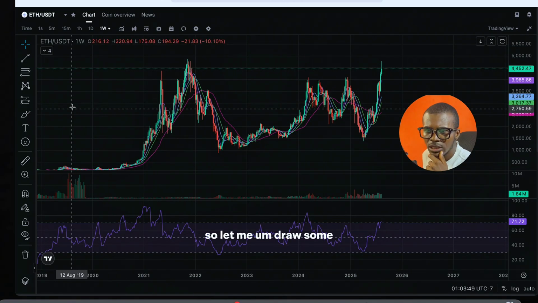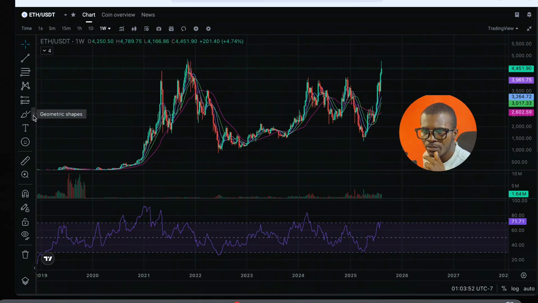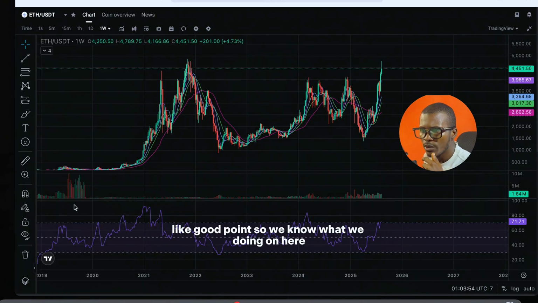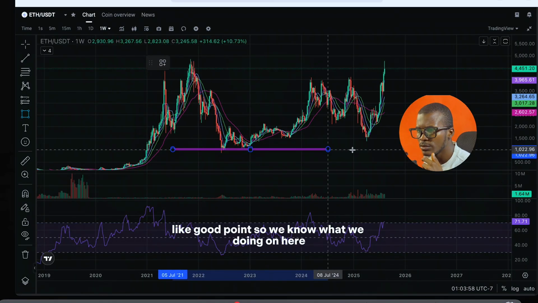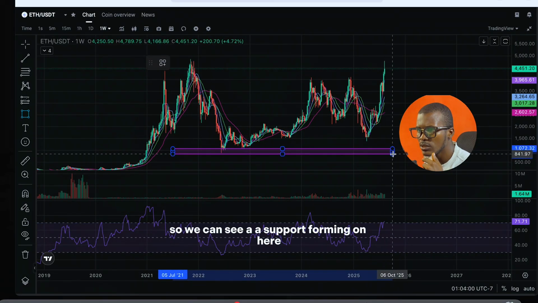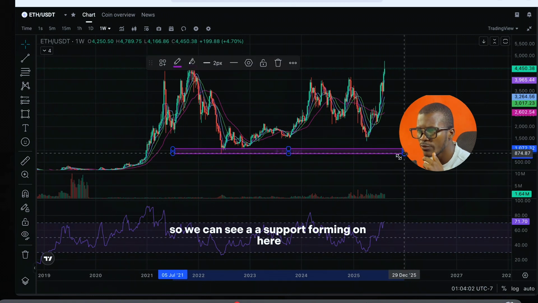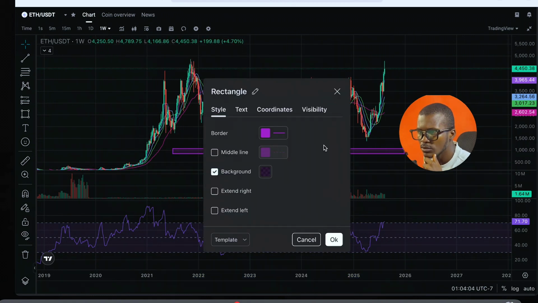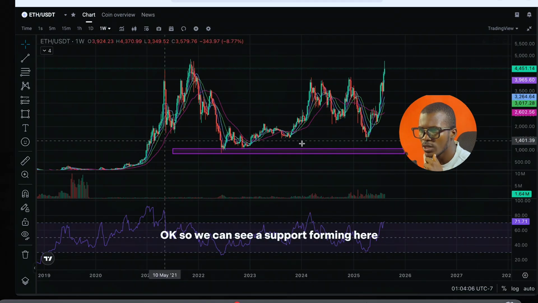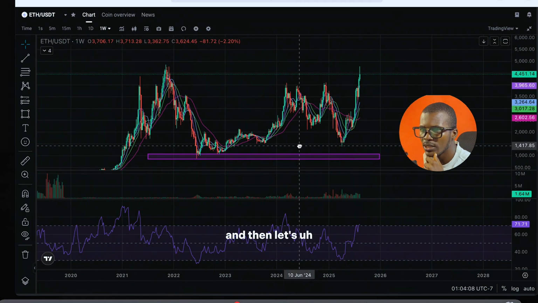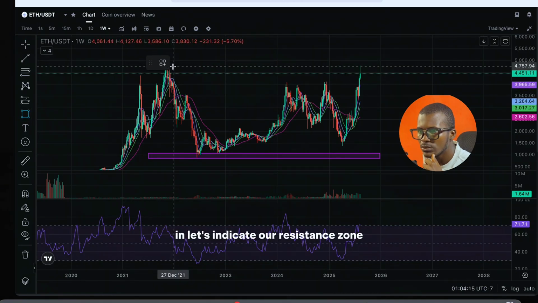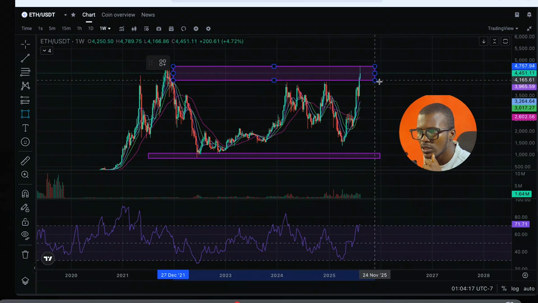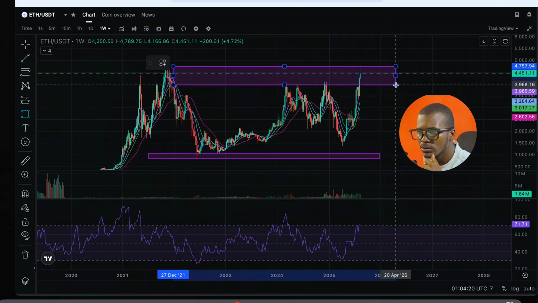Let me draw some good points so we know what we're doing here. We can see a support forming here, and then let's indicate our resistance zone, I think around here.